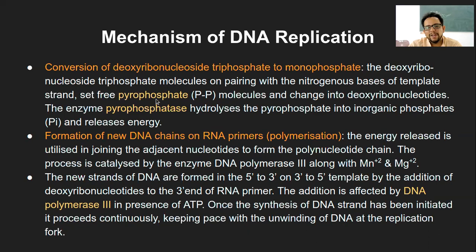So they will set free a pyrophosphate, that means a double phosphate molecule, which breaks off separately, two phosphates together, and the remaining, let's say, nucleoside monophosphate, right? Monophosphate means only one phosphate will remain with the nitrogenous base and the sugar molecule, and the other two, called pyrophosphate together, will be released free.